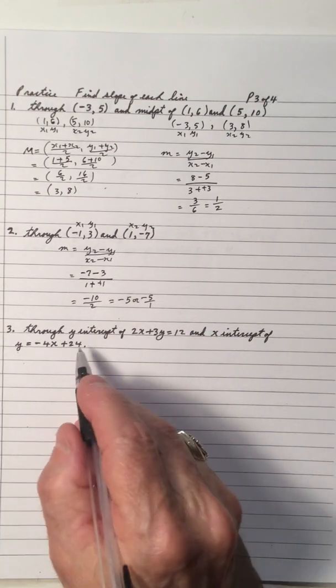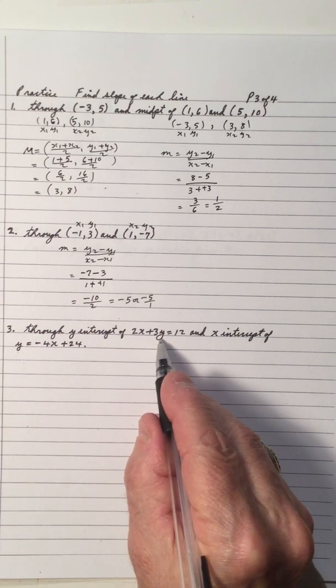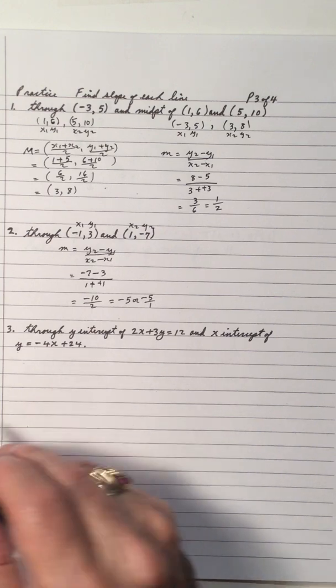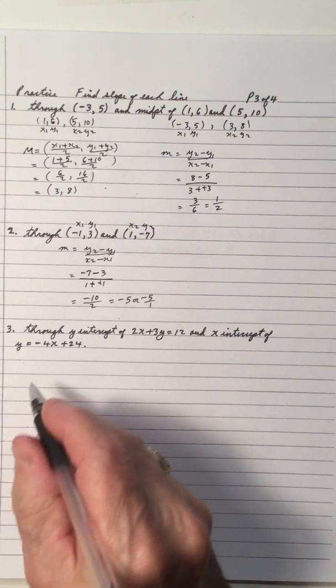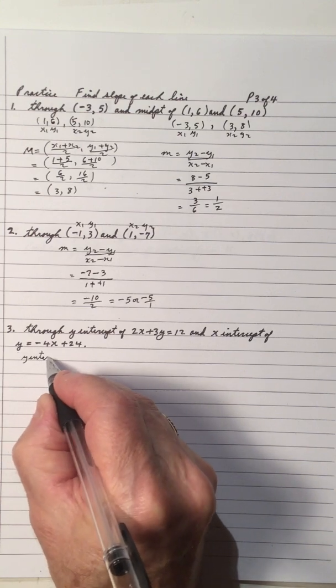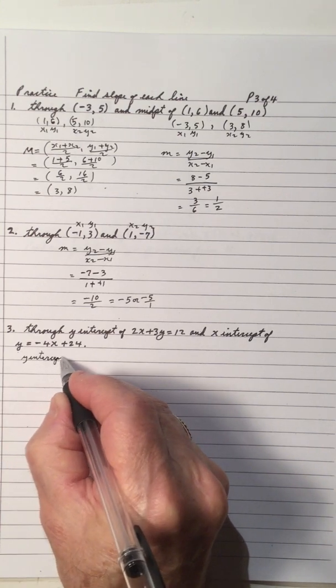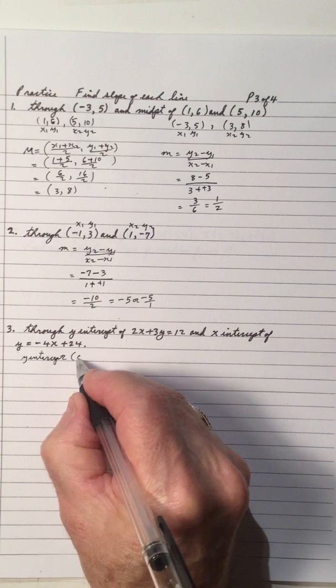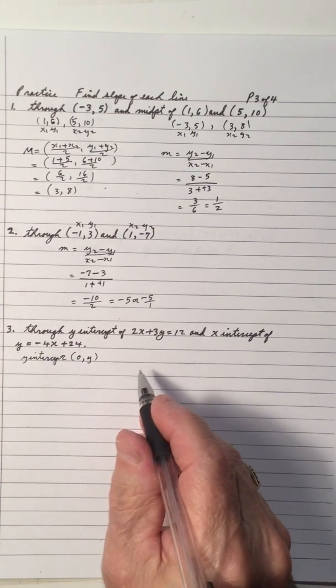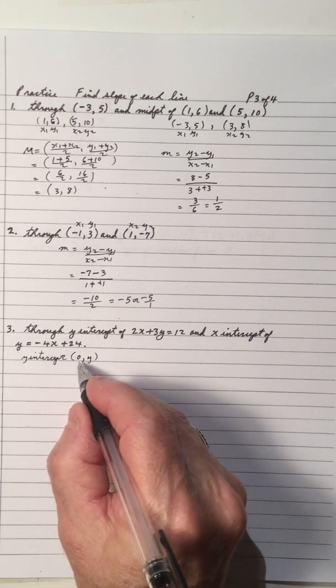Number 3, through the y-intercept of this line and the x-intercept of this line. So a y-intercept is the point (x, y). A y-intercept is on the y-axis, so the x coordinate is 0.